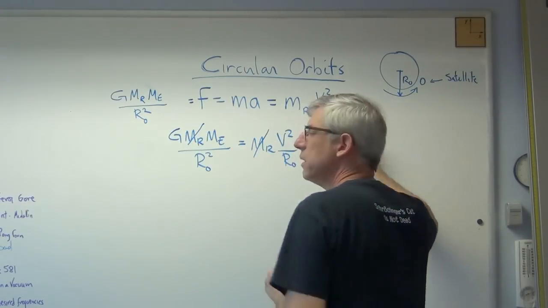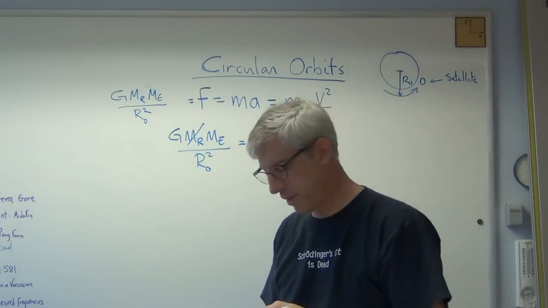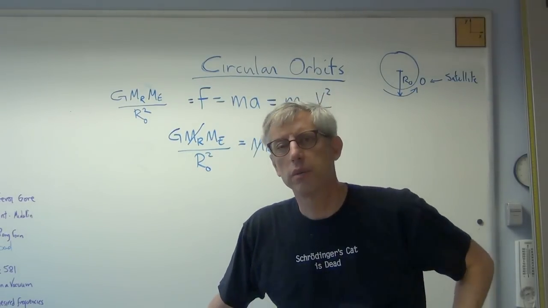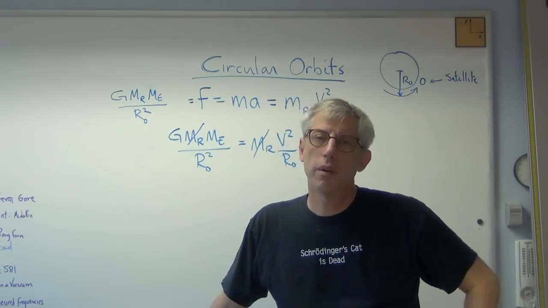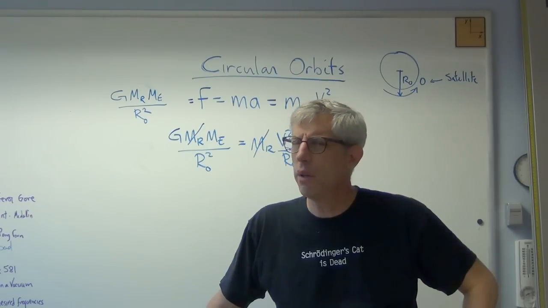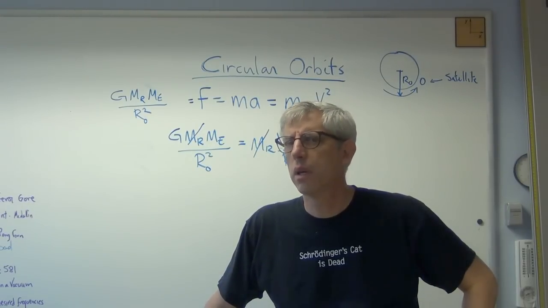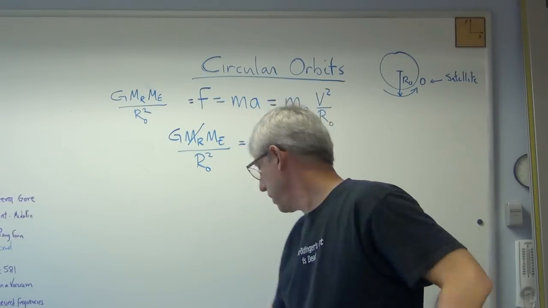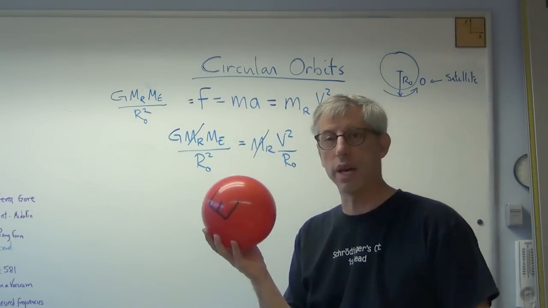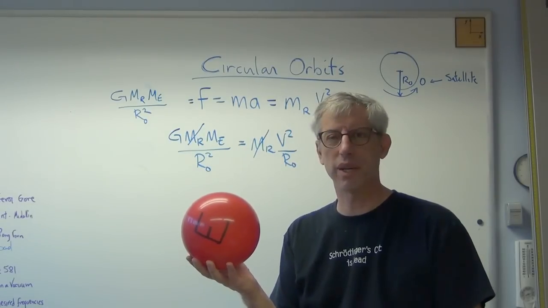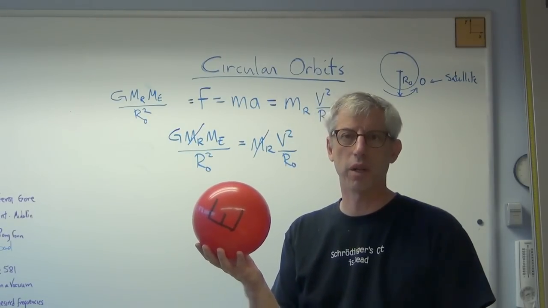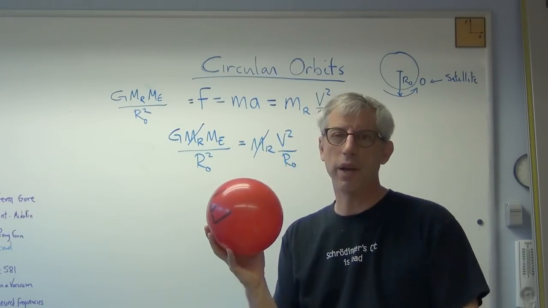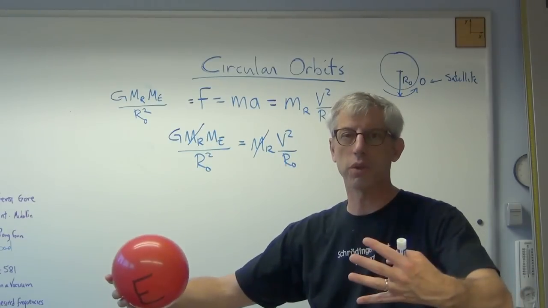Does it make sense that the mass of the rocket cancels out? Does it make physical sense? Well, yeah, it does. If it didn't, it would mean a little rocket would orbit at a different speed than a big rocket. Sputnik wasn't much bigger than this, about the size of, I don't know, a basketball, a bit bigger. If I could lift the weight, I could hold Sputnik.